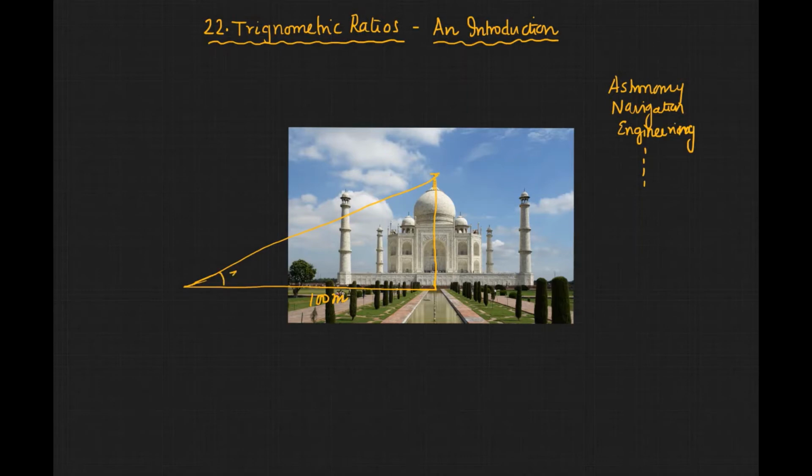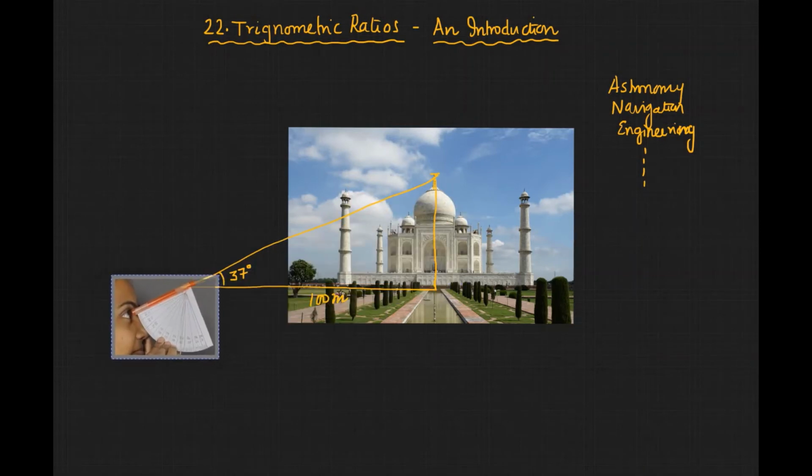So let's say this angle you measured as 37 degrees. You may be wondering how we can measure such an angle. It's actually easier than you may imagine. You use an instrument called a sextant, and it has a hanging weight, and you look at a particular elevation, and based on the measurement in this instrument, you can find the angle of elevation.